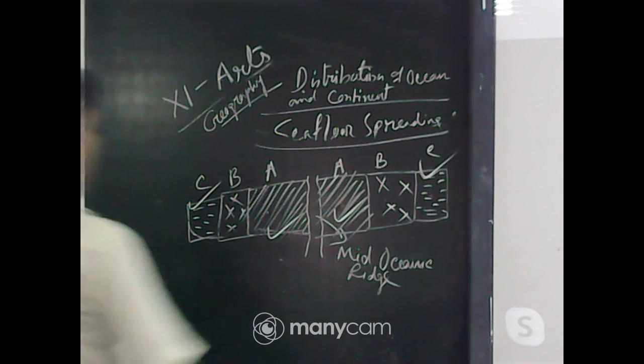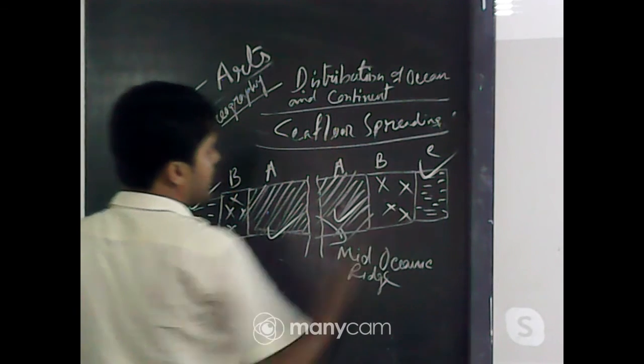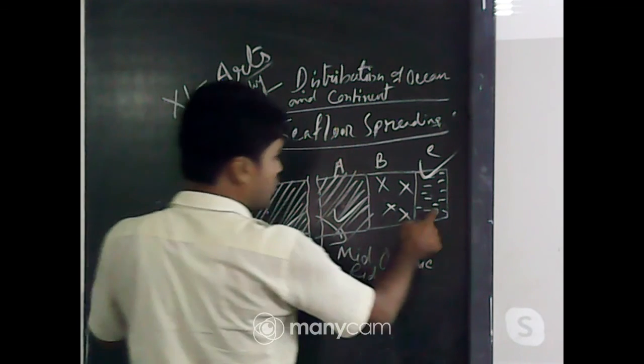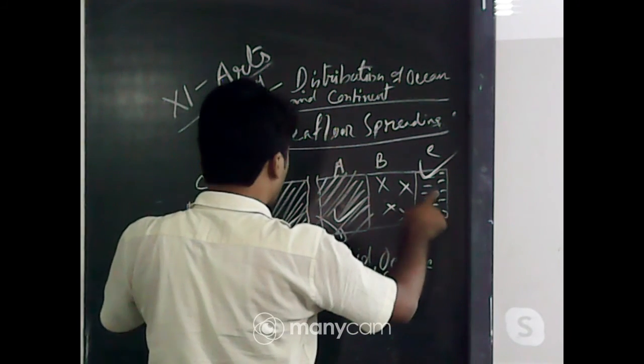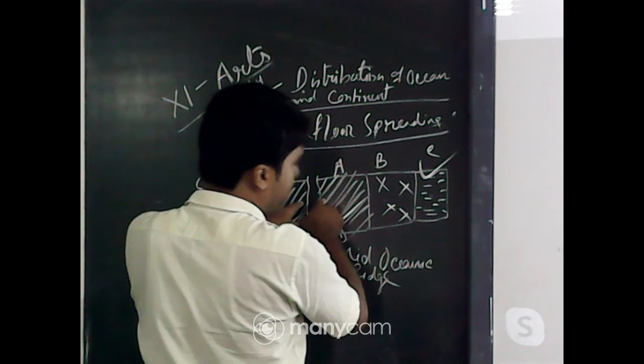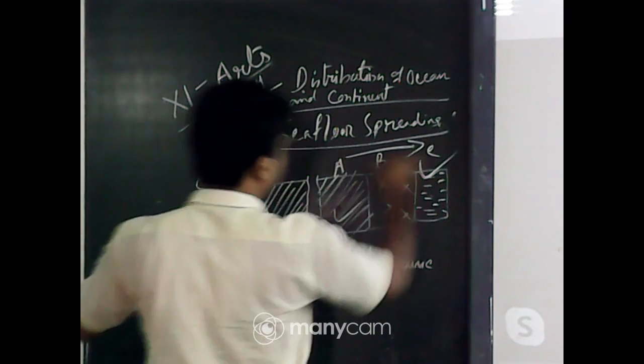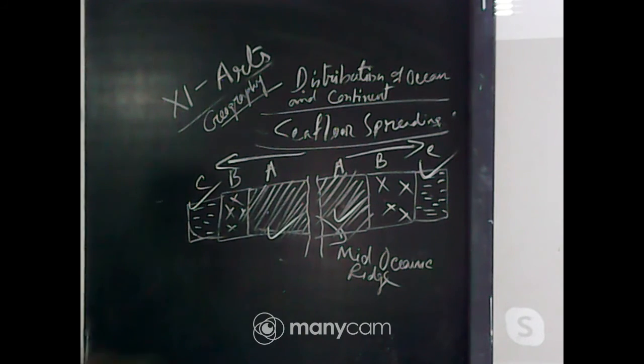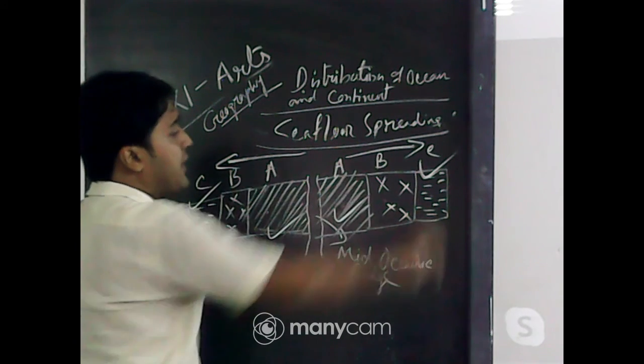Okay, and they also have similarity, which also helps us to understand that this rock was once situated here and has shifted toward that side. That means this is seafloor spreading.